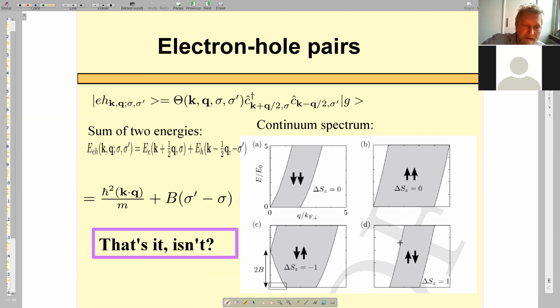Well, this is what we can do. We can create an electron-hole state, which actually means that we have transferred an electron from a filled state to an empty state with different spin directions. Let us see. That's how I write it.